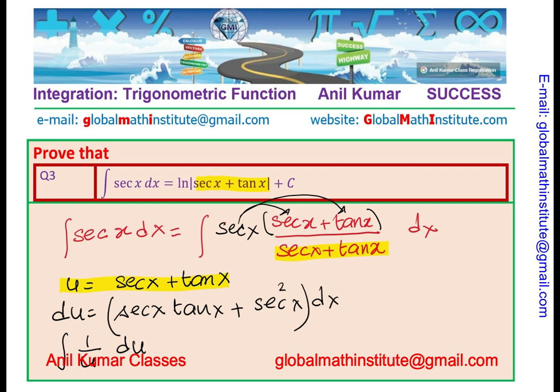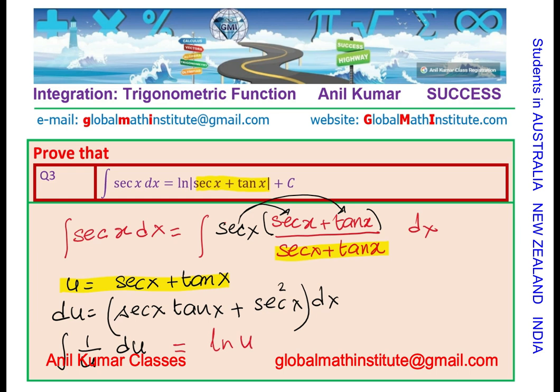So that is what it is, and that is equal to ln absolute value of u plus c, and that gives us ln absolute value of secant x plus tan x, plus c. Make sense? So that is how we are actually going to get this result. I hope this makes sense, right?